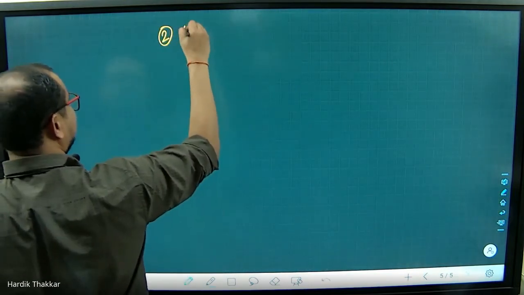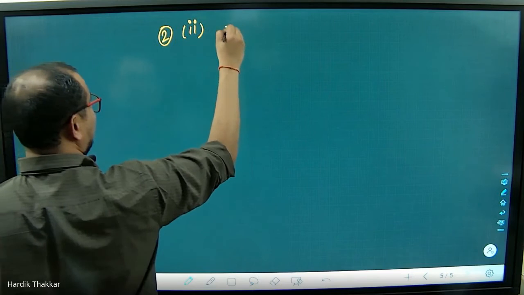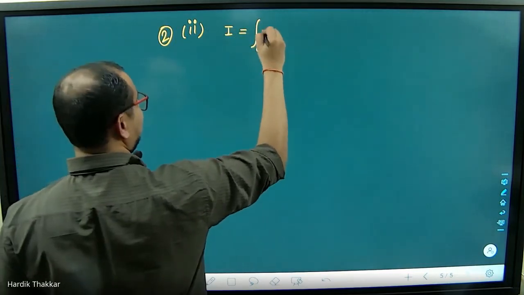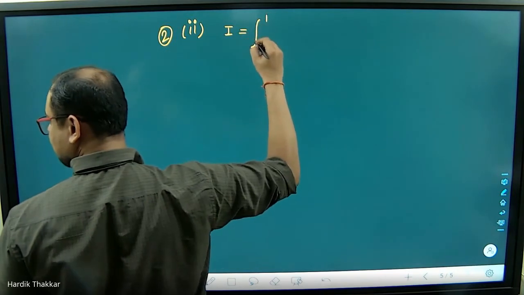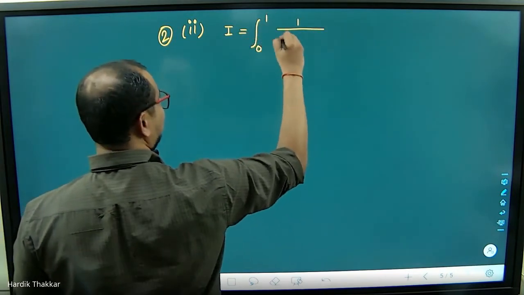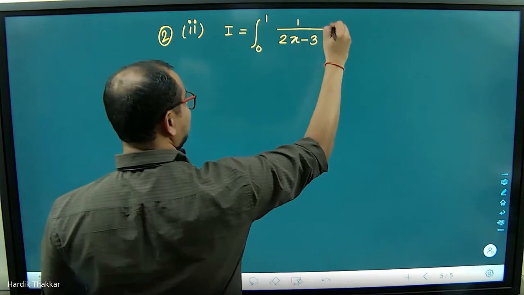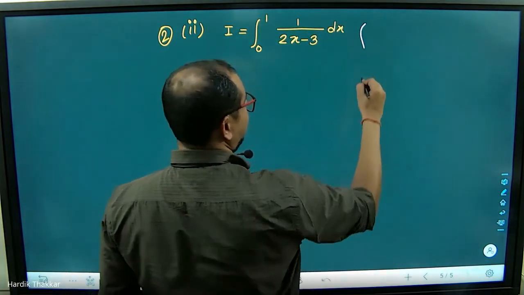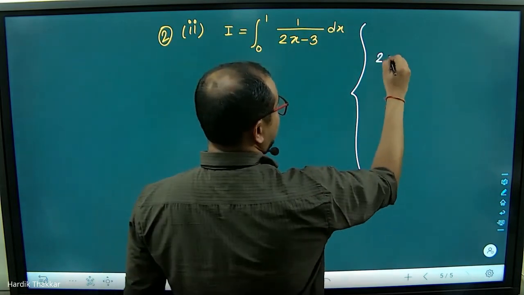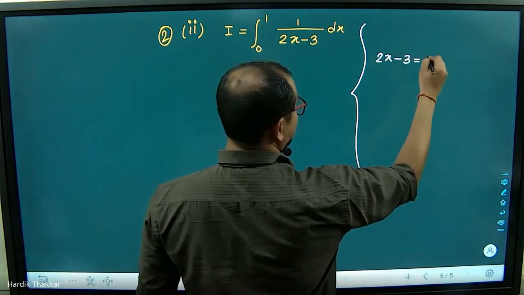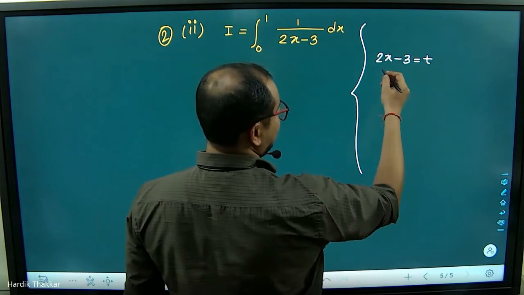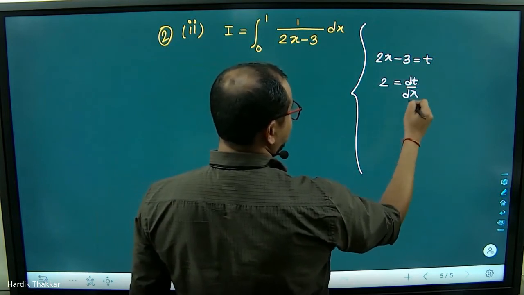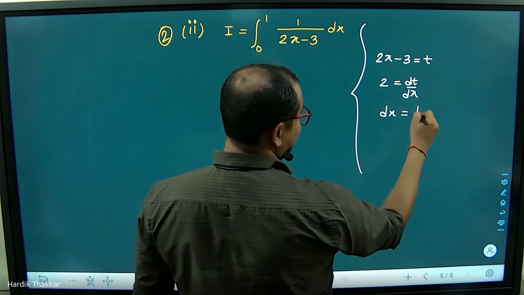In question number 2 second part, I equals the integral with limits from 0 to 1 of 1 upon 2x minus 3 dx. The first way is what we were doing previously: write 2x minus 3 equals t, differentiate this, so you will get 2 equals dt by dx, and further dx equals dt by 2.